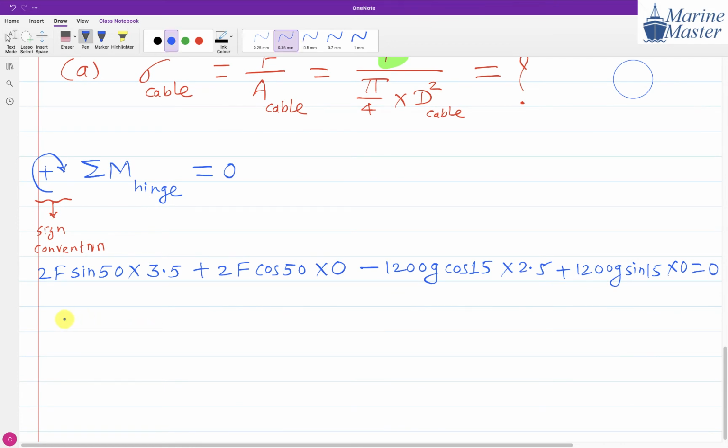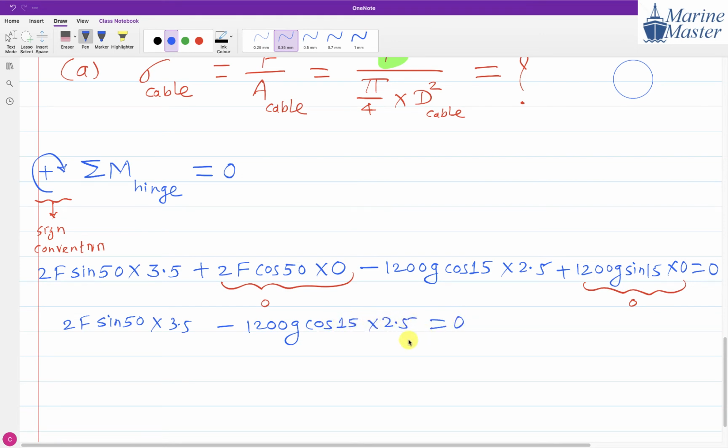So now this term will become 0, and this term will also become 0. Which two terms are remaining? 2F sin 50 multiplied by 3.5 minus 1200g cos 15 multiplied by 2.5 equal to 0.